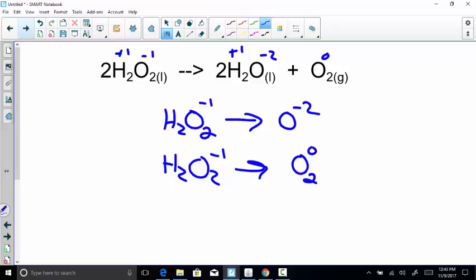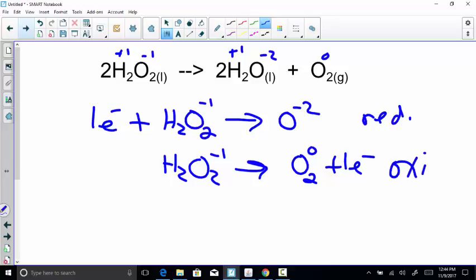So, how does this oxygen go from a -1 to a -2? It gained 1 electron. How does this oxygen go from a -1 to a 0? It had to lose 1 electron. So, this is reduction. This one is oxidation.